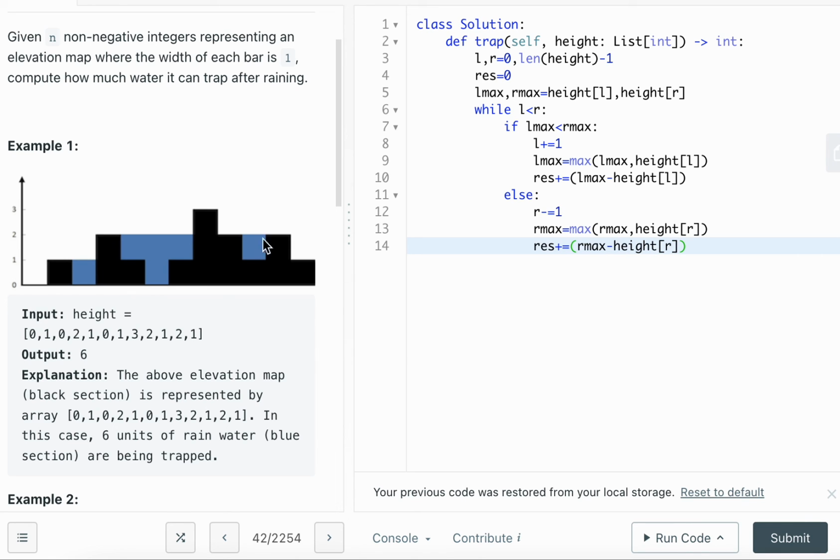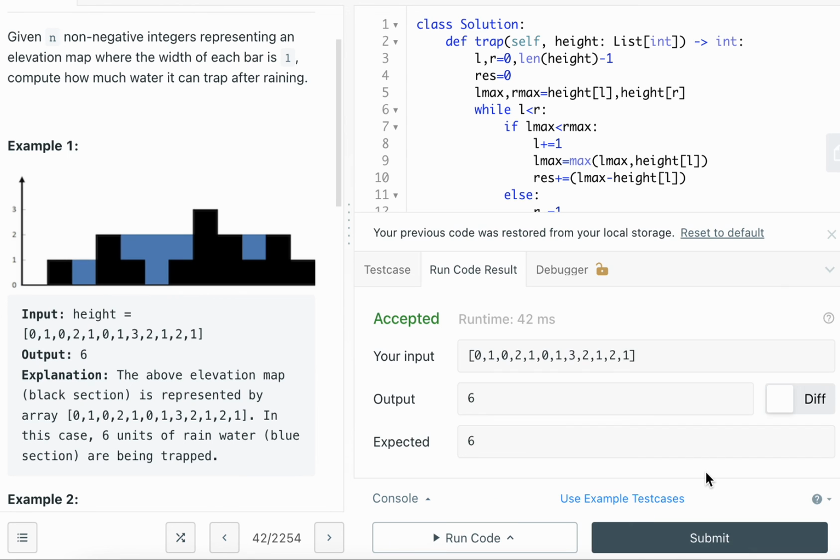So I know how much water it can trap on the right side. In the end, I'm able to calculate the whole number. When I break out of the while loop, I return the result. That should be it for the code.